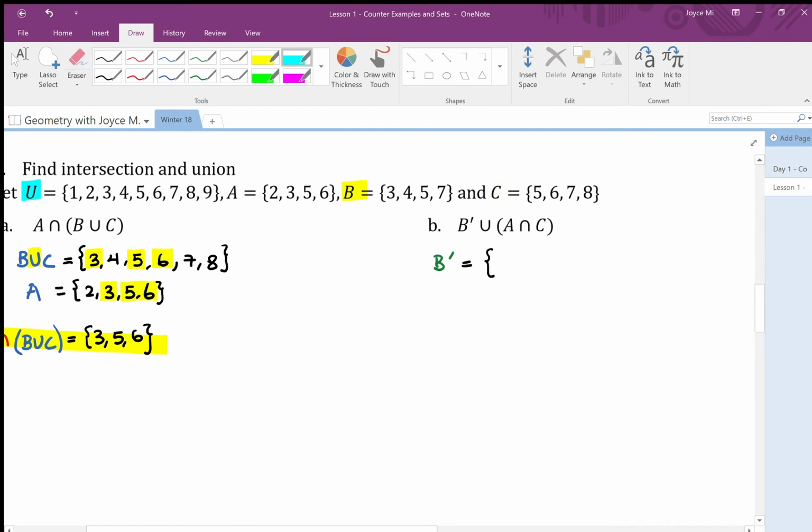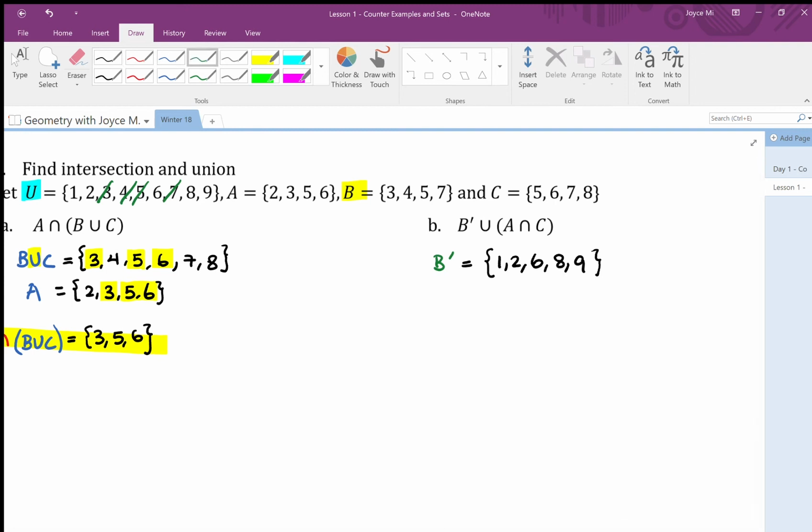I could simply look at the universe and cross out things that are in B. B has 3, 4, 5, 7. Take those out, and it becomes my complement of B, which is B prime: 1, 2, 6, 8, 9. That will be B complement.